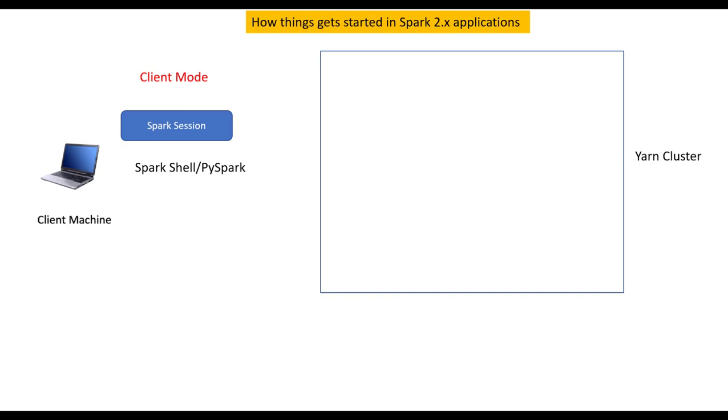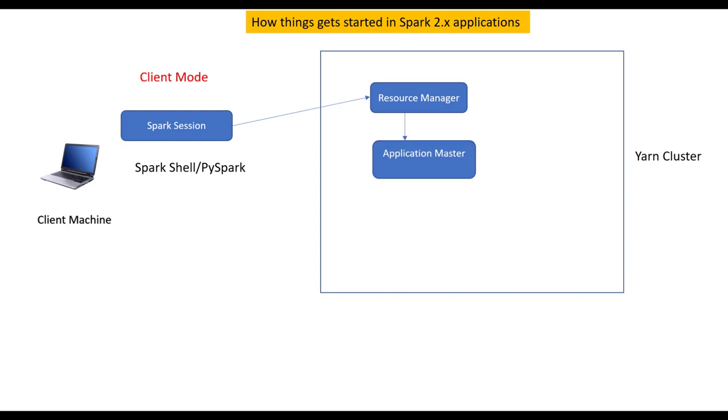In client mode, when the driver starts on a client machine and a Spark session gets created by the driver, a request goes to the Yarn Resource Manager to create a yarn application, and then the resource manager starts an application master. For client mode, the application master acts as an executor launcher.